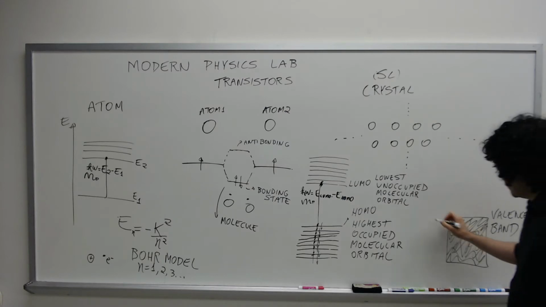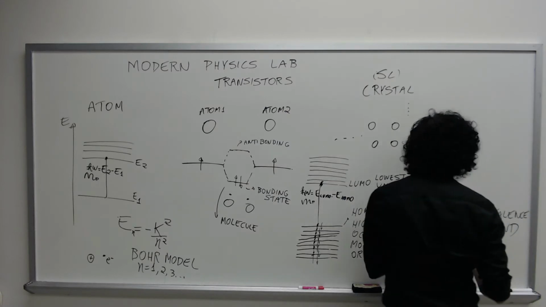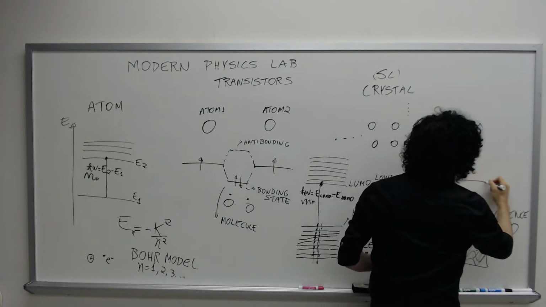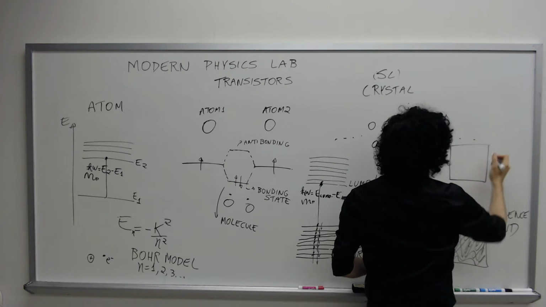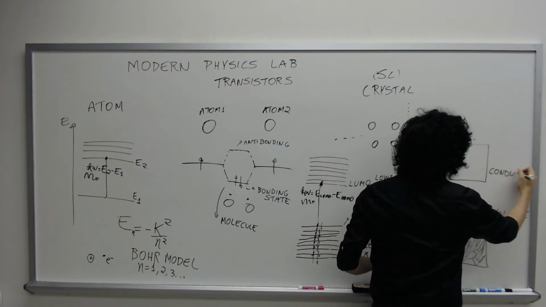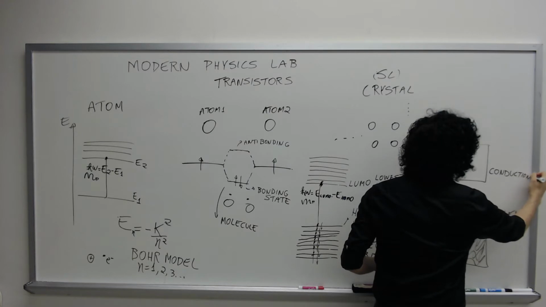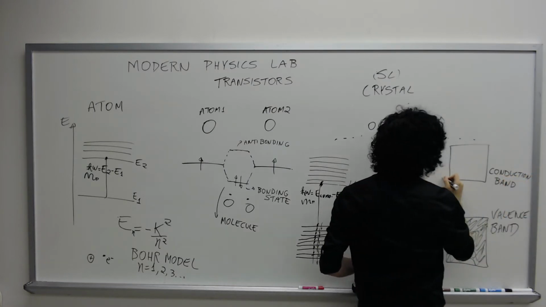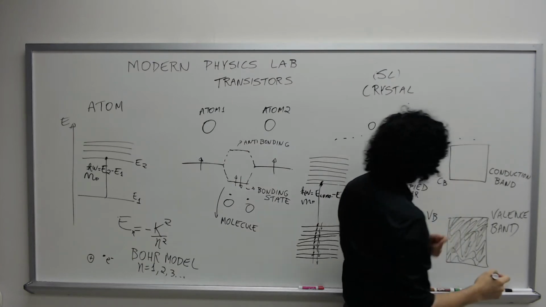This is the VB, the valence band, and up here, this excited state is called the conduction band, or CB for short.